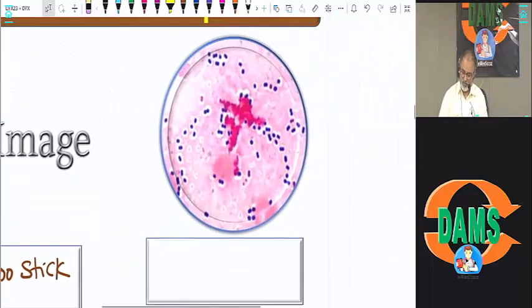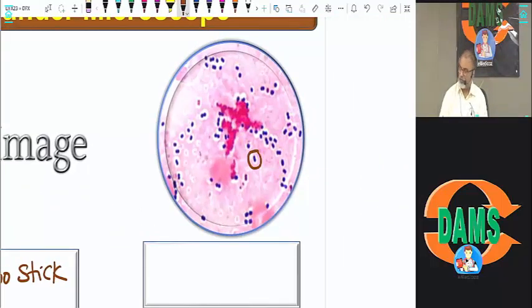And what is this appearance called? There is a capsule, and the bacteria is like this. Capsule is there. Lanceolate shape or flame shape.